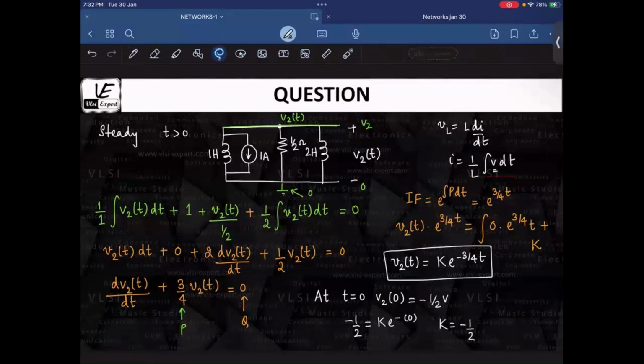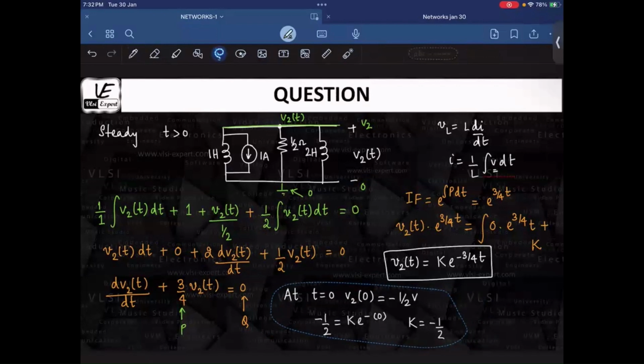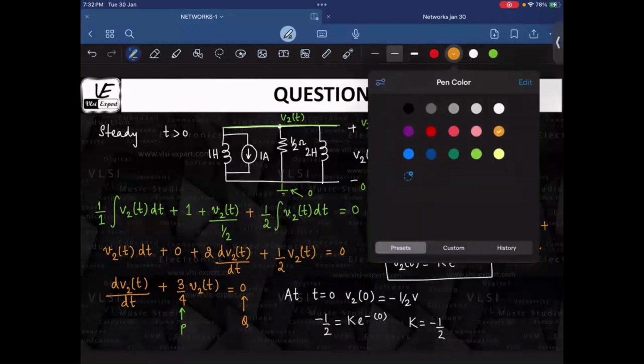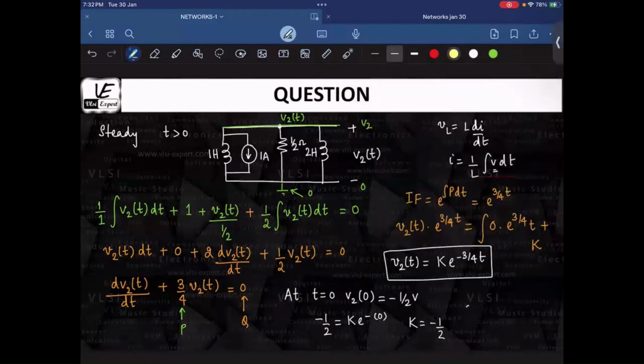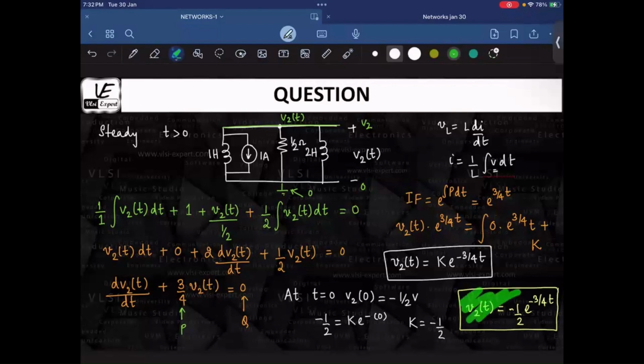So what is the expression for V2 now? Minus 1 by 2 e power minus 3 by 4 t. Okay. Is this clear?